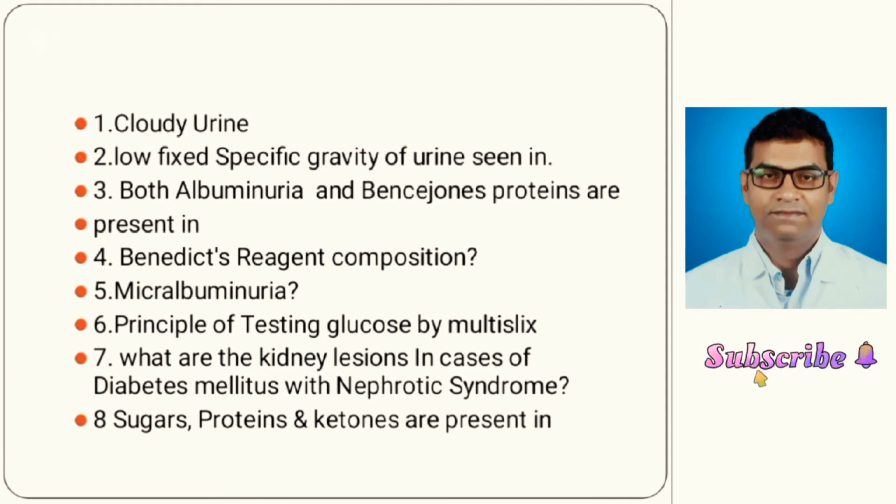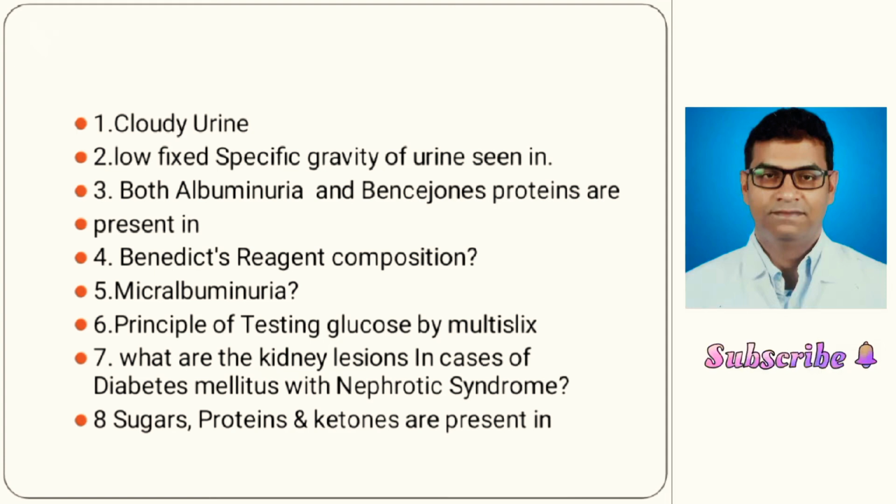Now coming to the second question. What is low fixed specific gravity of urine? A low fixed specific gravity of 1.008 to 1.010 is found in end stage kidney disease, chronic renal failure, because of the loss of concentration power of the kidney.